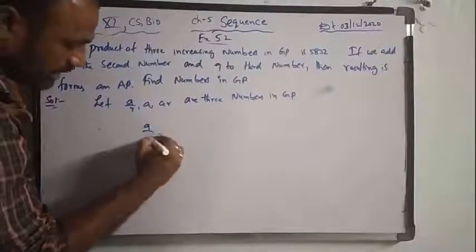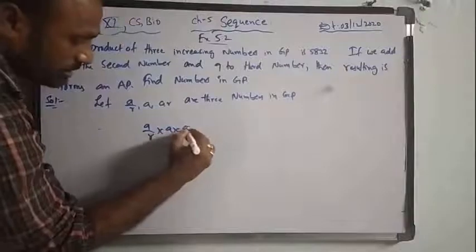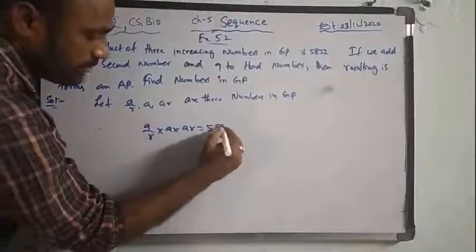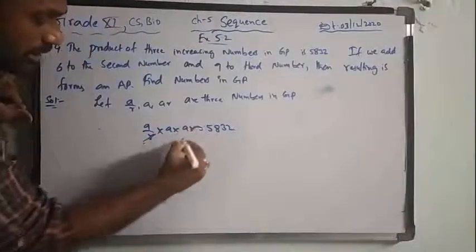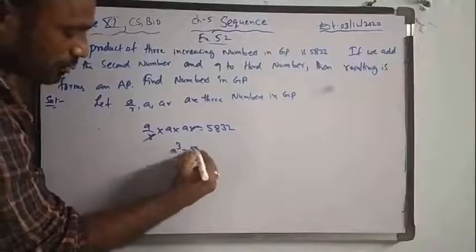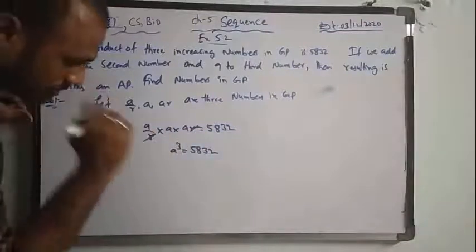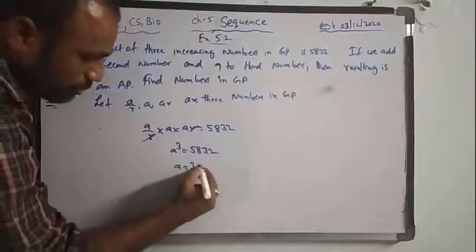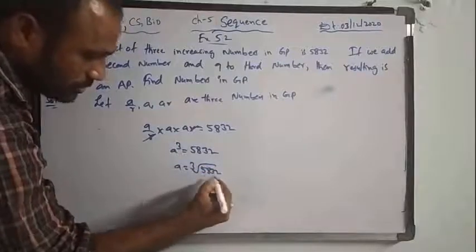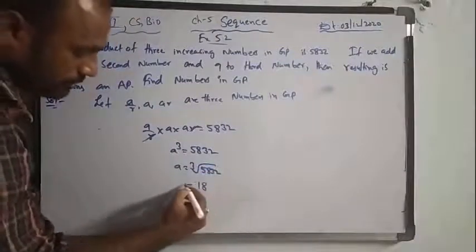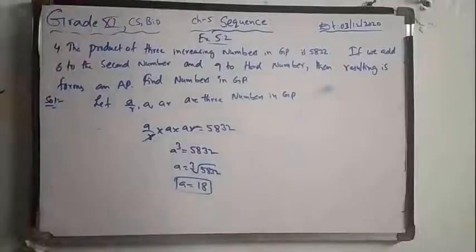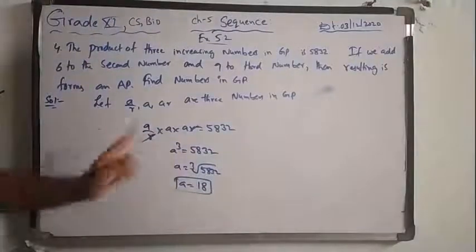That is a by r into a into ar equals 5832. So r and r get cancelled. a cube is equal to 5832. a is equal to the cube root of 5832. So it is 18 cube, and we got the a value as 18.